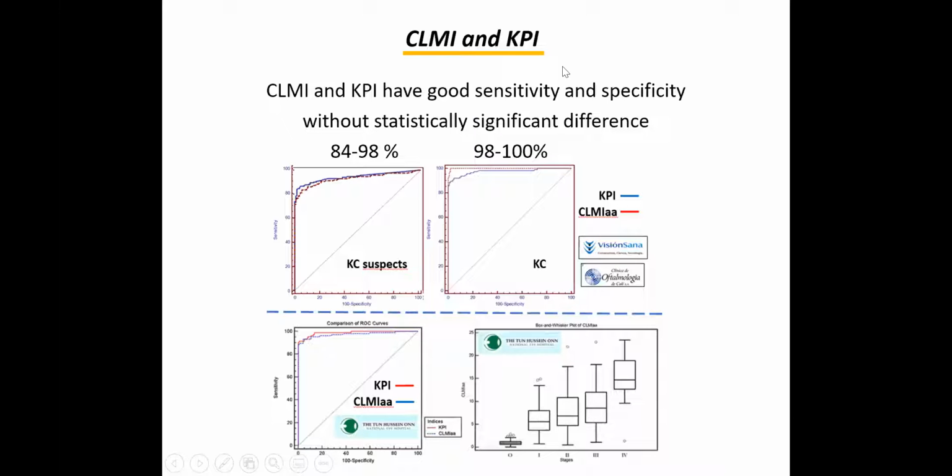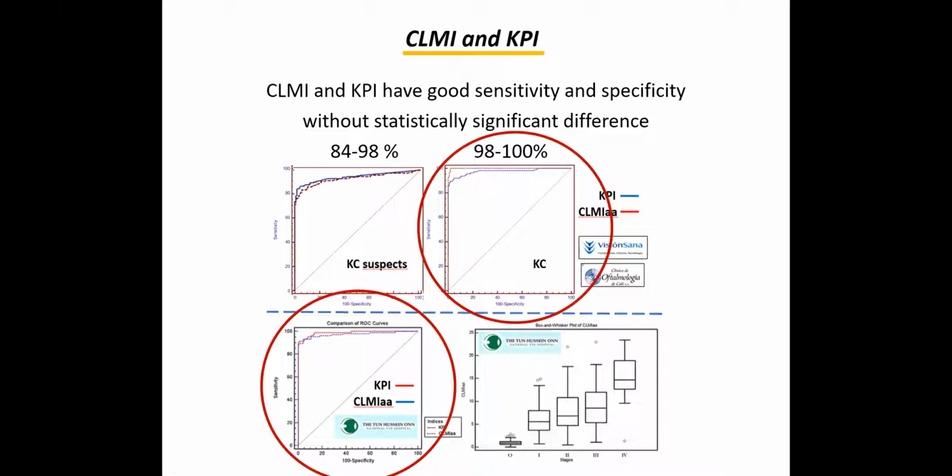And CLMI and KPI, look at these ROC curves, they are very, very good, almost perfect, either for suspects or for keratoconus patients. This is from 2 studies, one in Colombia and one in Kuala Lumpur.